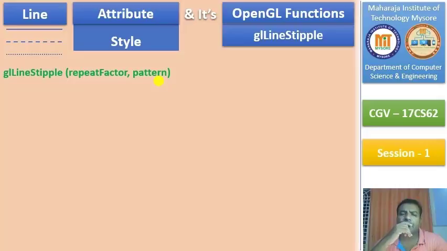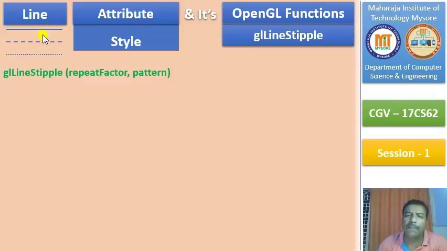Now, if you just observe the repeat factor and the pattern, the parameter. The pattern is going to tell me what type of line I'm going to use. If we fill the entire pattern, the entire pattern is on, we're going to get a solid line.